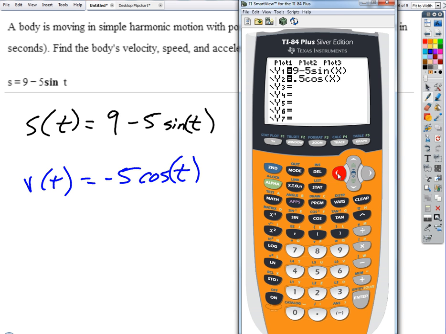You're right, negative 5 cosine. Now if I hit graph, way down at the bottom, I probably have to go back and change my window again. Instead of starting at y min 0, I'll go to negative 5.